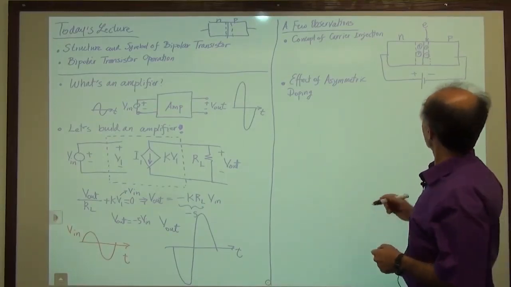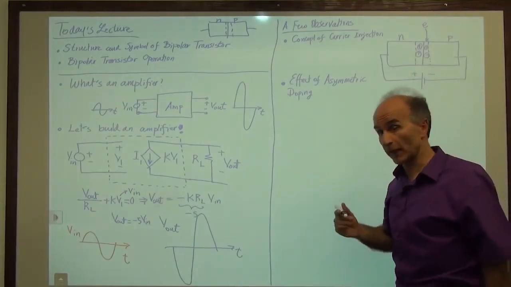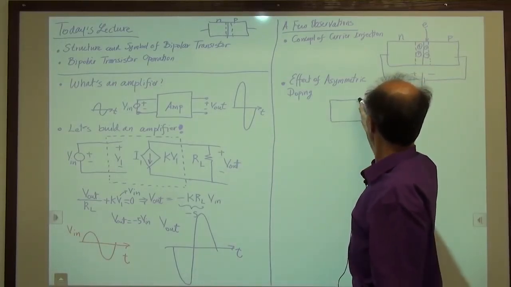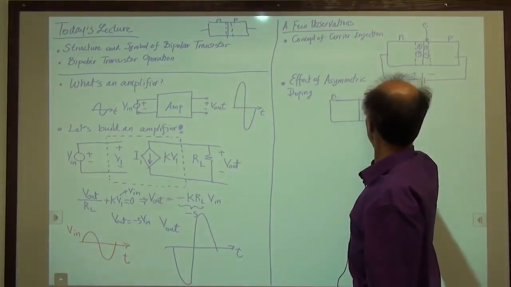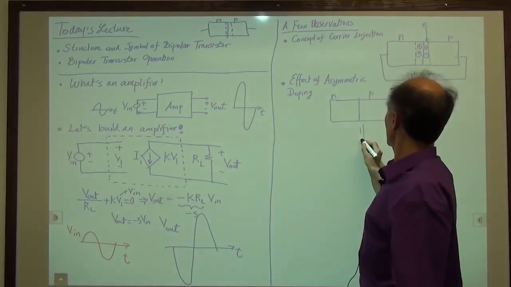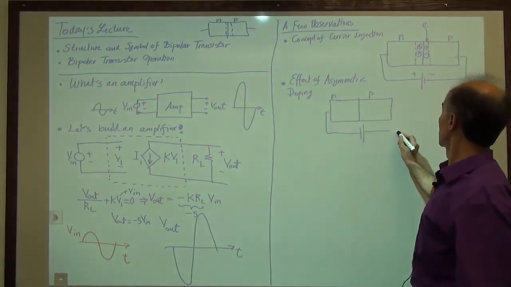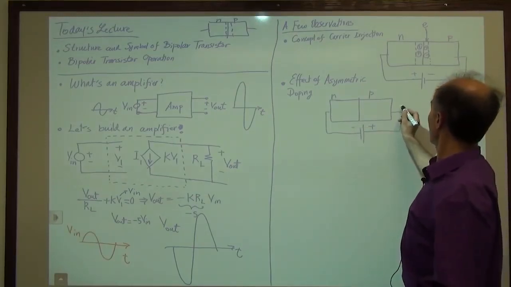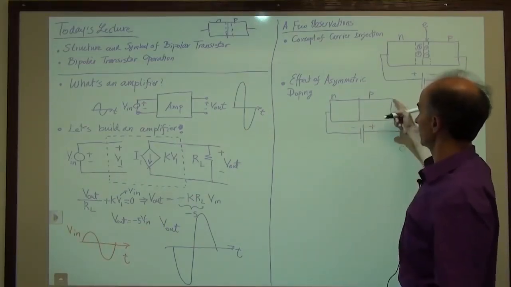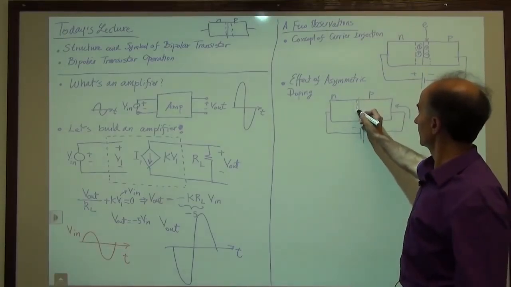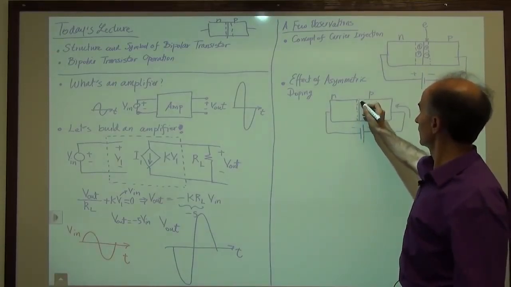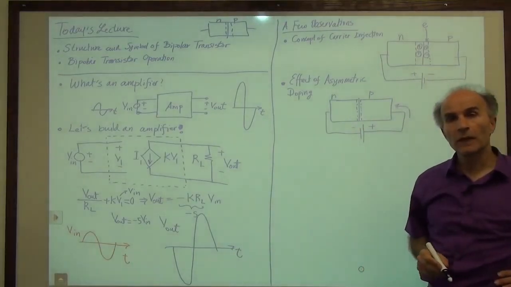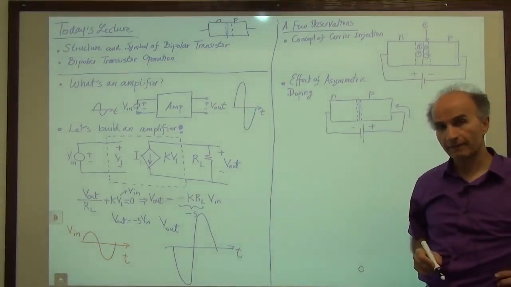All right, so let's take a p-n junction and this time forward bias it. So we have a p-n junction, and N here, P here. We forward bias it using a battery. And of course, we have a current flowing this way, right? The current is circulating like this. And we still have a little bit of depletion region, but don't worry about that too much. Okay, so we have a forward biased junction.